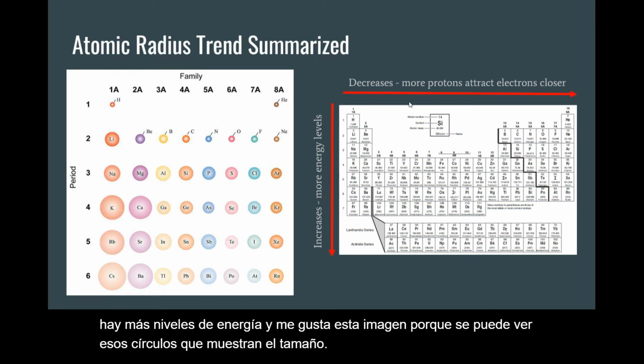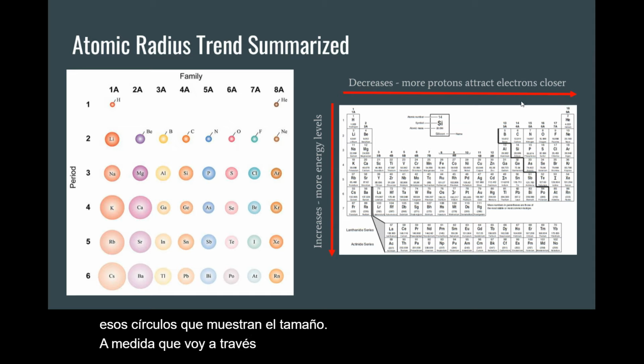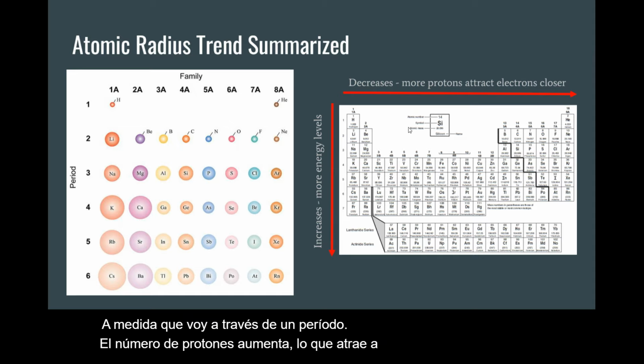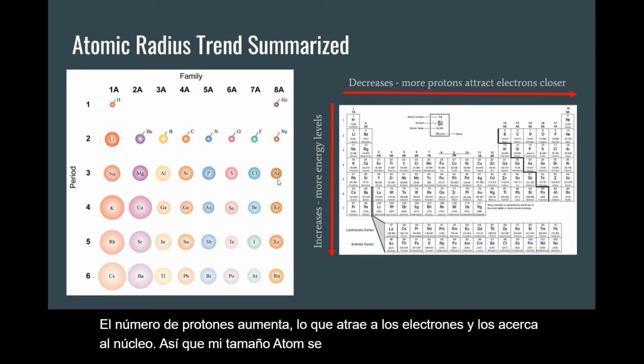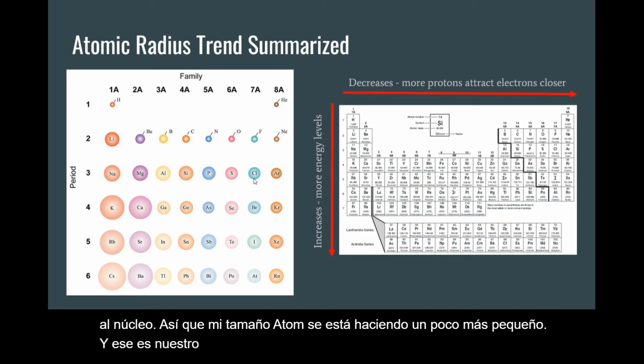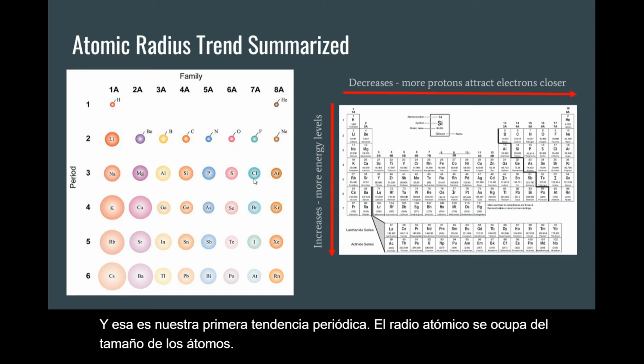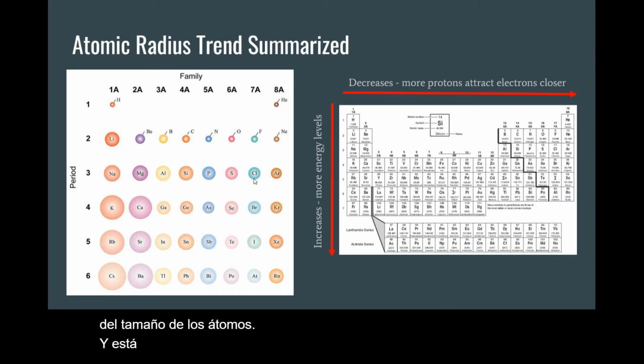As I go across a period, the number of protons increases, which attracts the electrons and brings them closer to the nucleus. So my atom size is getting slightly smaller. And that is our first periodic trend, atomic radius. It deals with the size of the atoms, and it is related to the forces of attraction between the nucleus and the electrons.